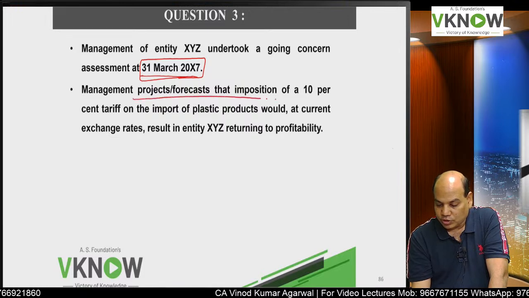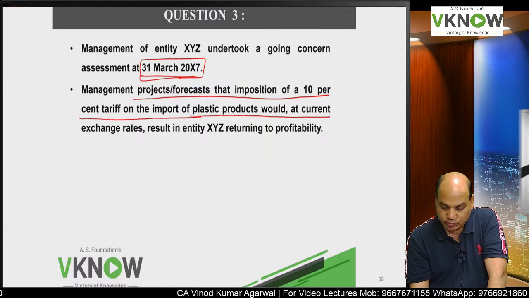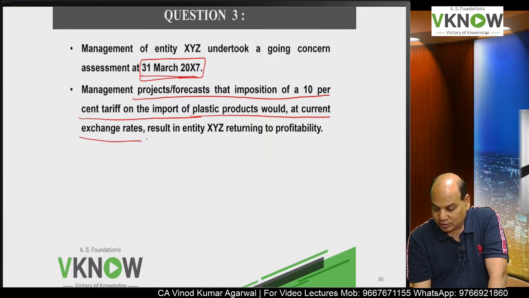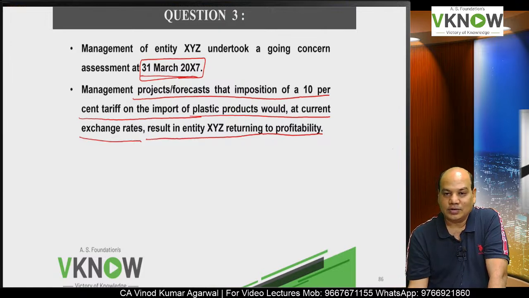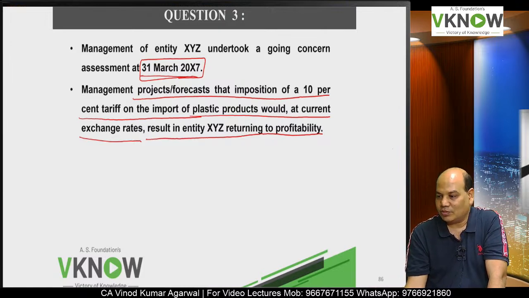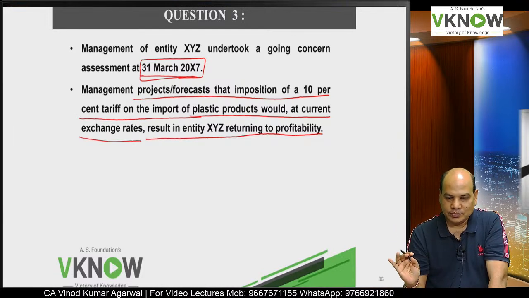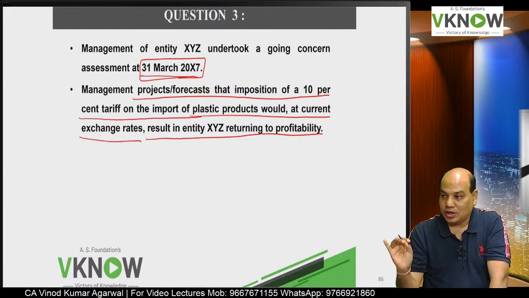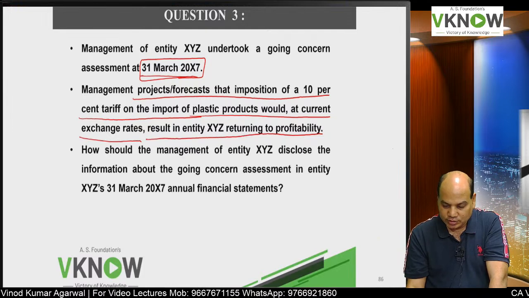Management projects or forecasts that imposition of a 10% tariff on the import of plastic products would, at the current exchange rate, result in entity XYZ returning to profitability. Wow, good days will come. If the government imposes a 10% tariff and if the exchange rate remains stable, we will be back to profitability.